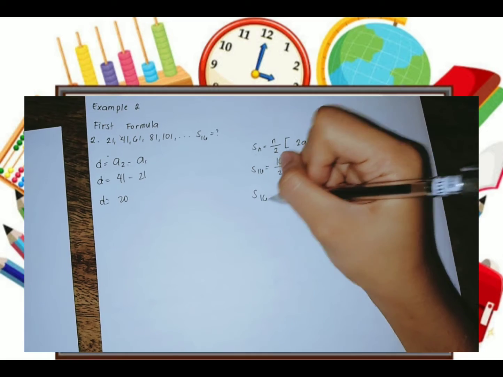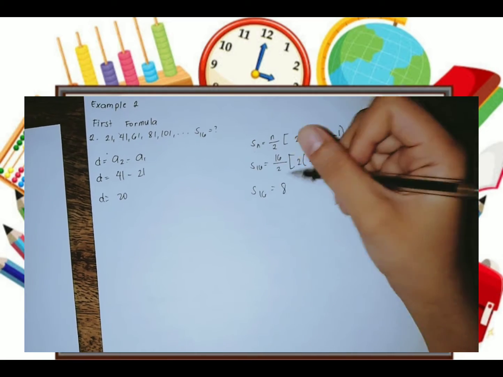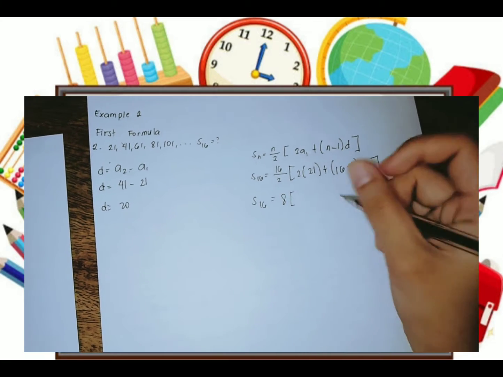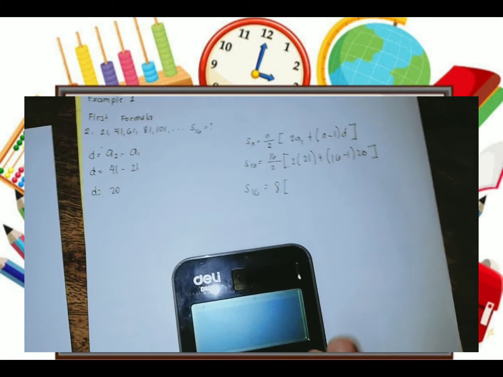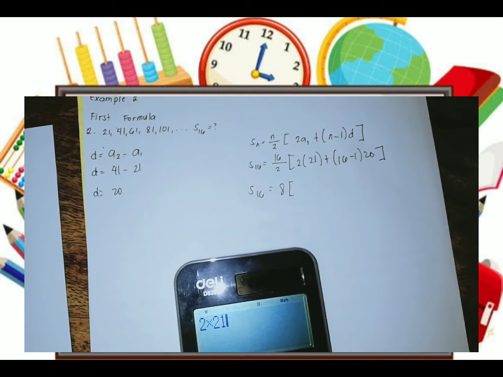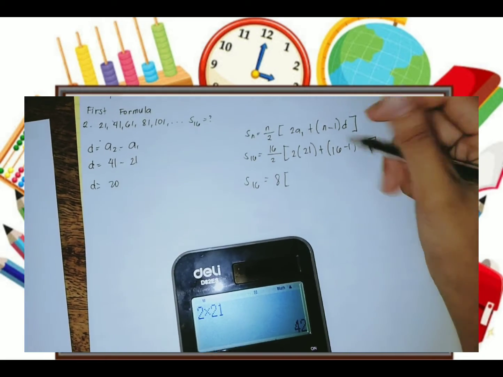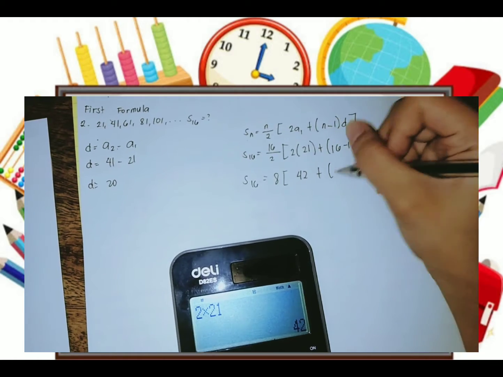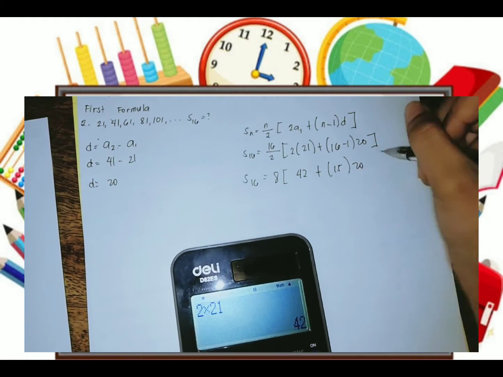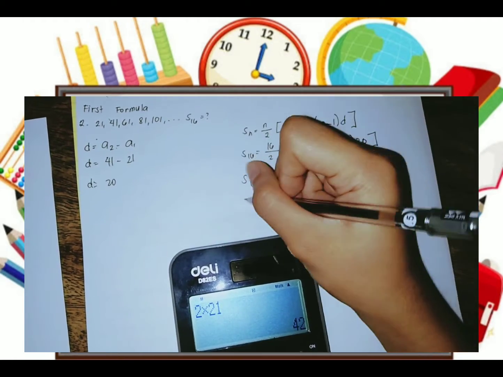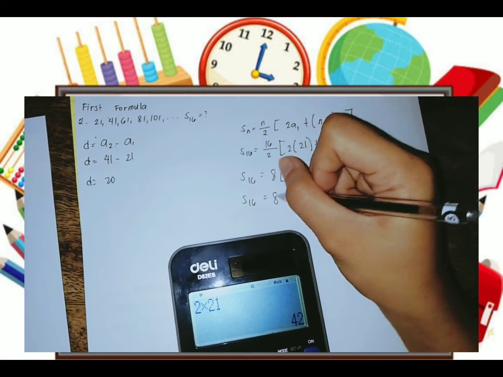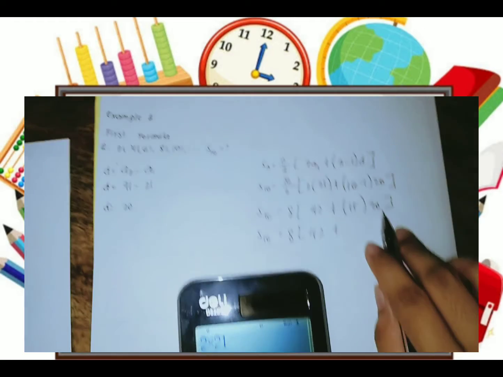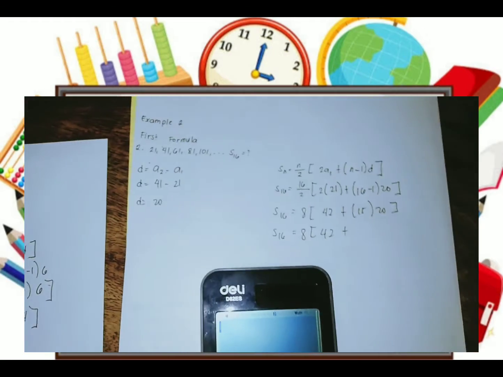So S sub 16: 16 divided by 2 is 8. Now, 2 times 21 is equal to 42, plus 16 minus 1, which is 15, times 20.